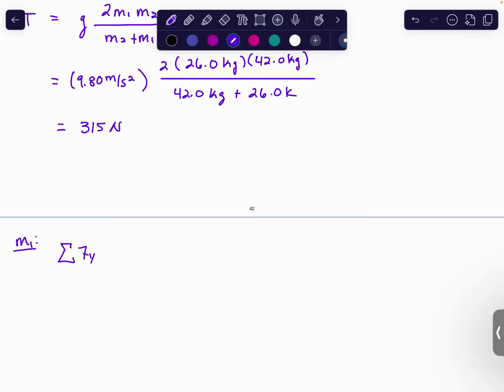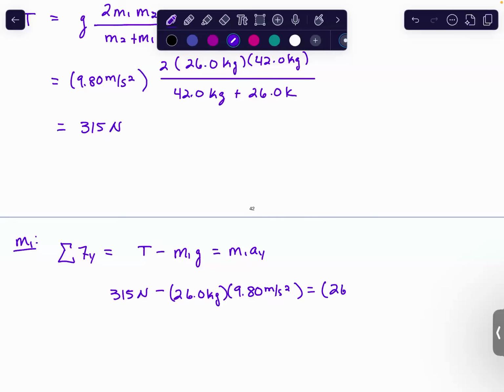So remember the sum of our forces in Y, we had tension minus mg equals m1 ay. Okay, so tension, 315 newtons, minus m1g, that's going to be 26.0 kilograms times 9.8 meters per second squared, equals 26.0 kilograms.